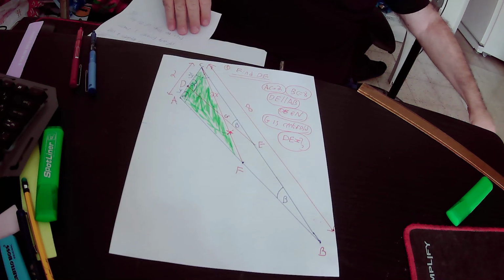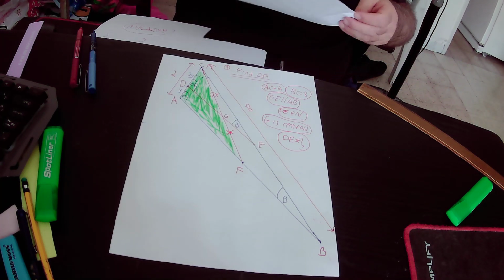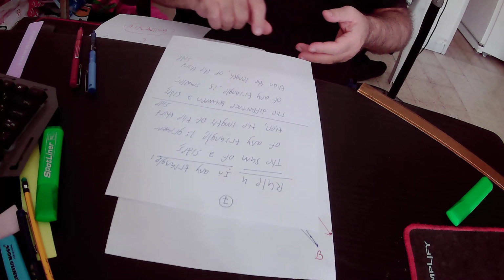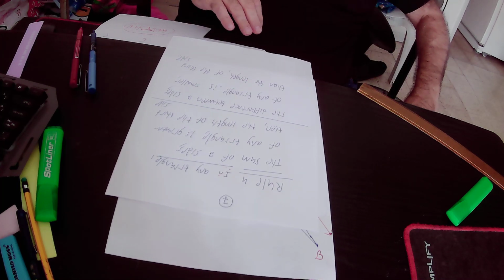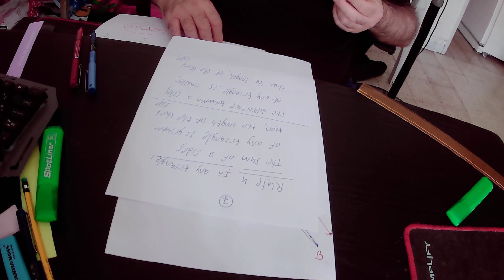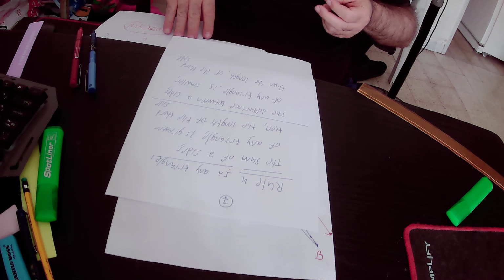Then we have rule number 4, which states that in any triangle, the sum of two sides is greater than the length of the third side.